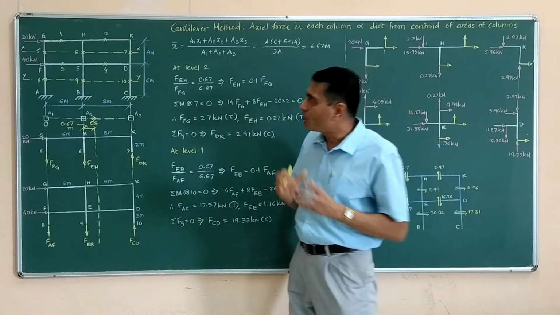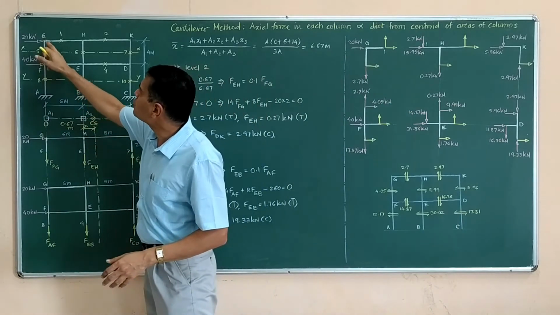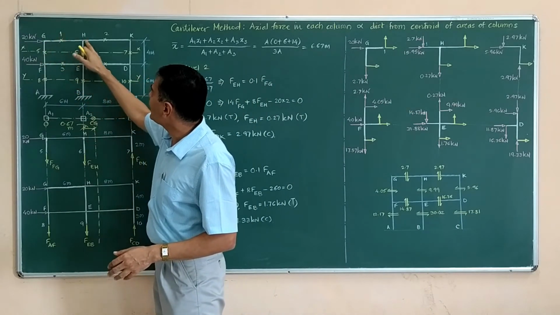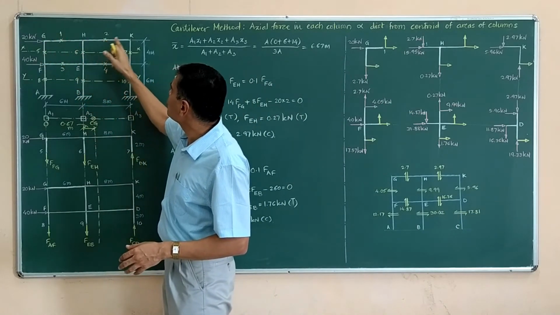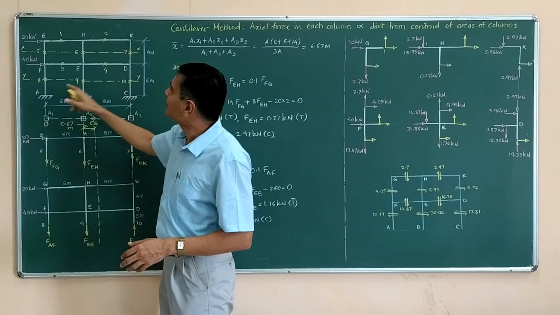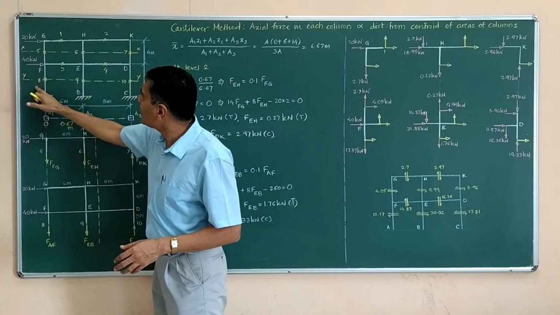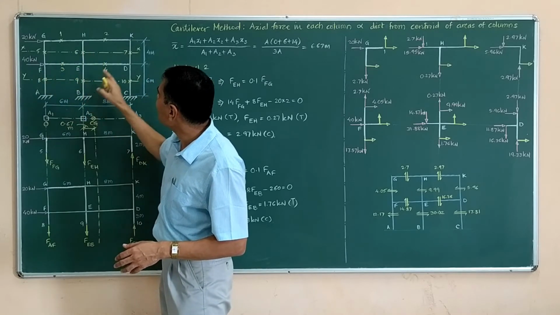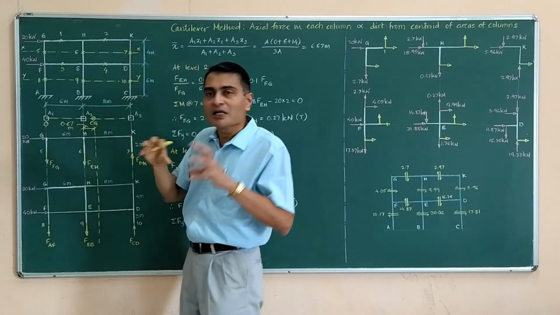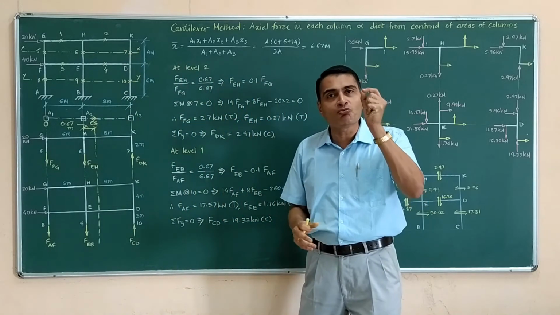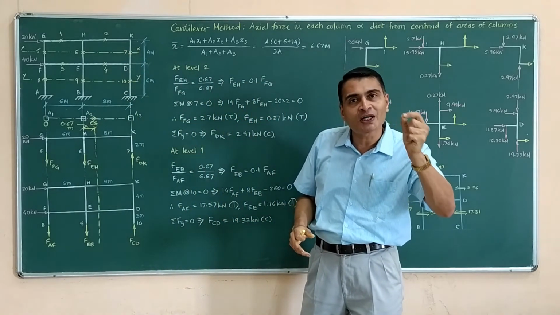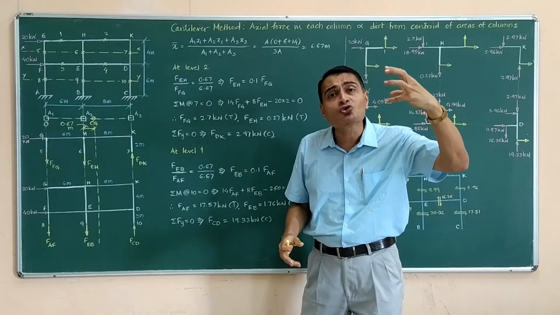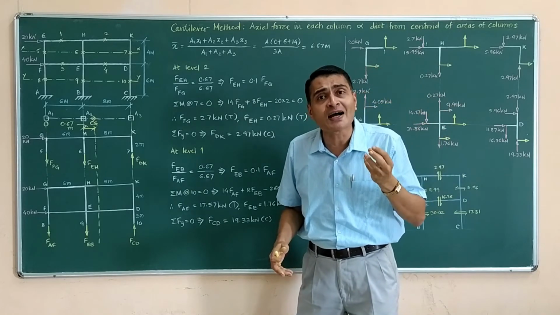That is, we have to isolate 5G1, 1H26, 2K7, then 5F8, 3, 3, 4, 6, 9 and 4, 7, D10. These portions, that is from one point of inflection to another point of inflection, those rigid portions of the frame, we isolate.